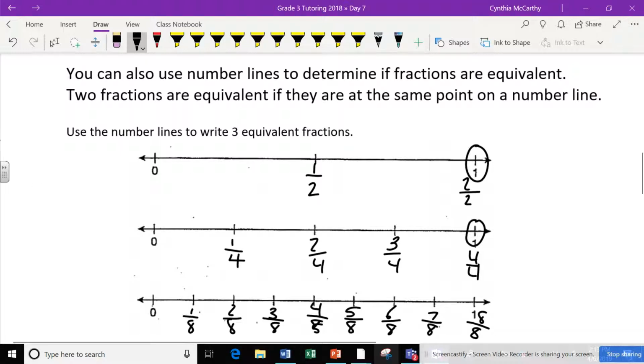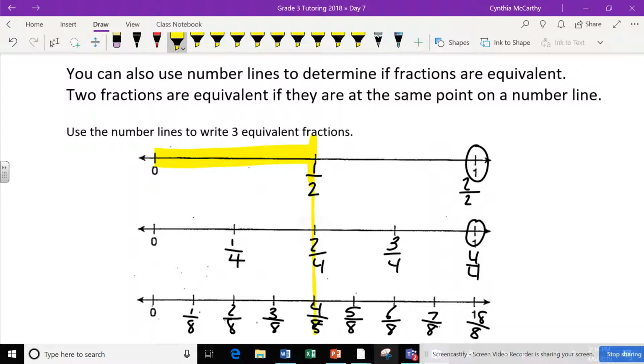My question again says use the number lines to write three equivalent fractions. In order to find my equivalent fractions, I'm going to use this 1/2 and find equivalent fractions using this number line. Just like I did with my fraction bars, I'm going to follow 1/2 straight down.